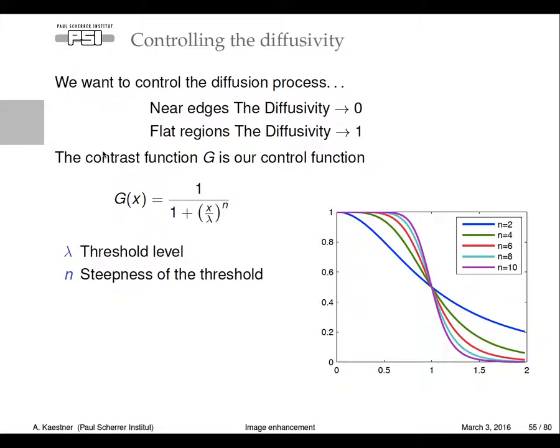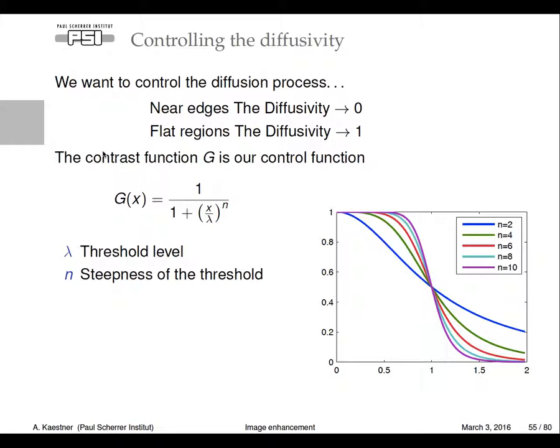And that is by controlling the diffusivity parameter, the kappa, in the equation previously. What we want is to have a diffusivity close to 0 at the edges, and in the flat regions, or relatively flat regions, we want a 1. So it's diffusing a lot within the flat regions. I didn't put up any reference on that, but I think it was Perona and Malik who introduced that kind of thresholding, smooth thresholding actually.